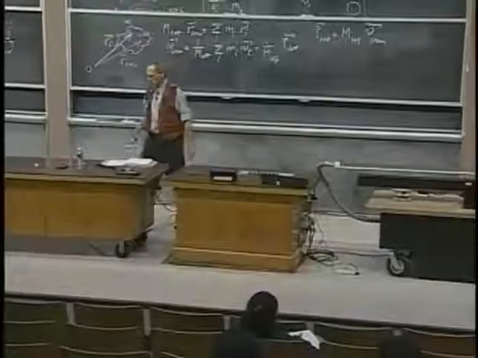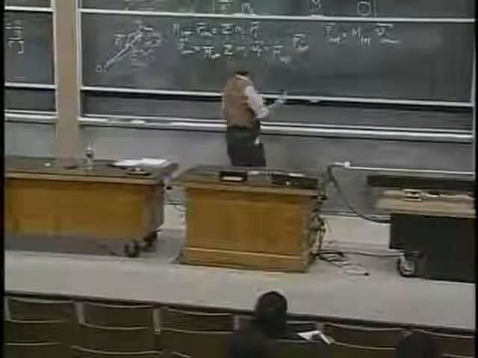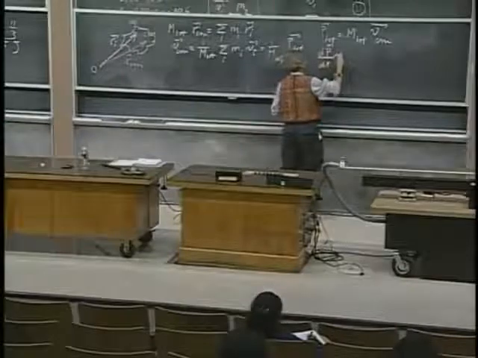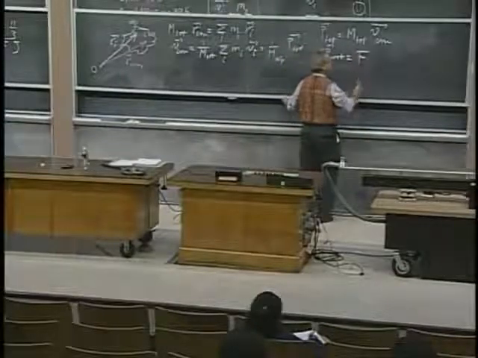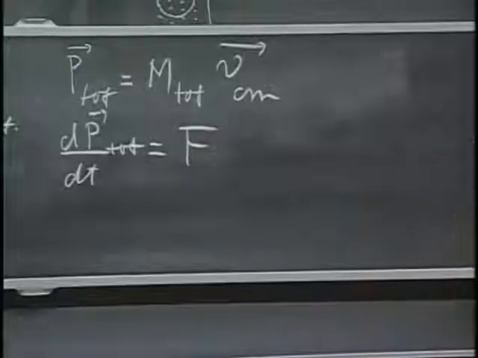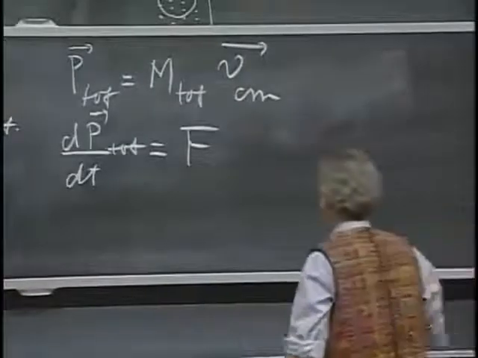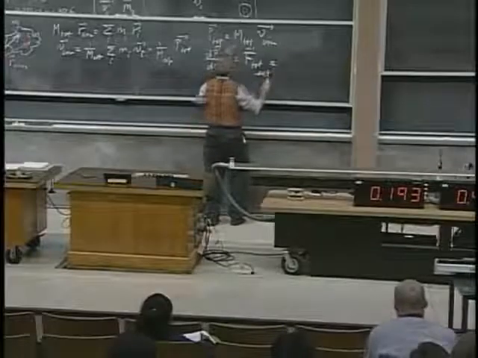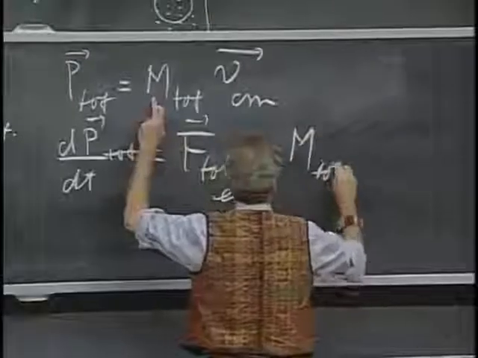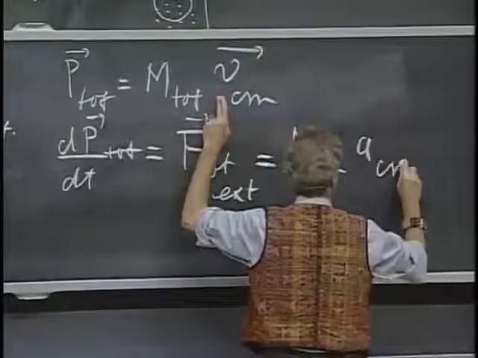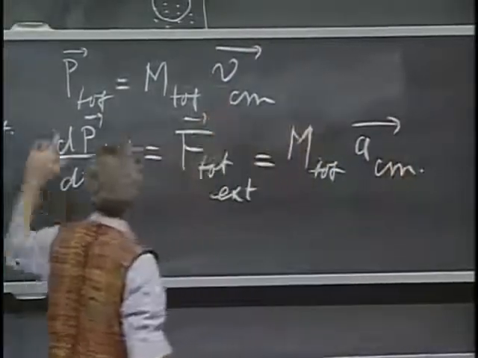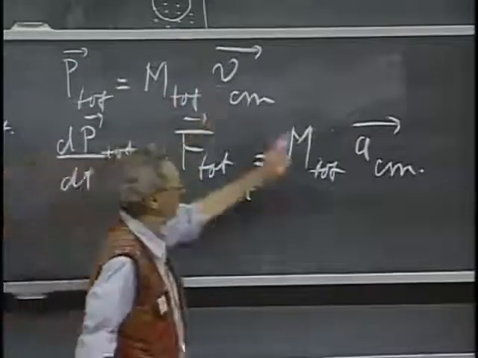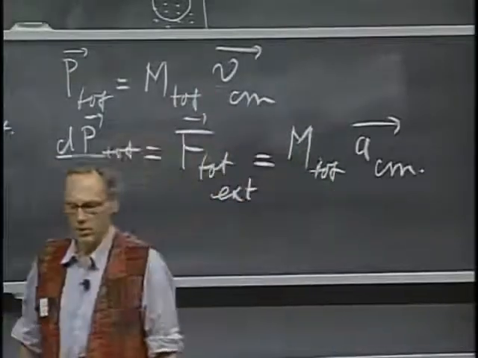And if I take the derivative of this, then dp/dt of the total momentum, of which we learned that dp/dt is the total external force, we already learned that earlier, that now is the total mass of the system times the acceleration of the center of mass, because I take the derivative of this equation, and the velocity changes to acceleration.